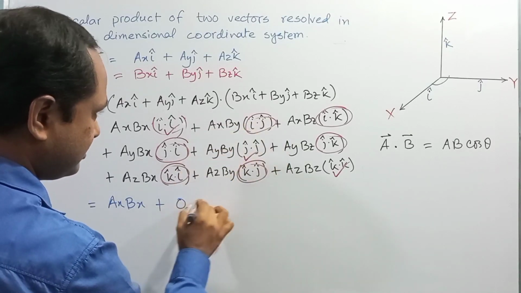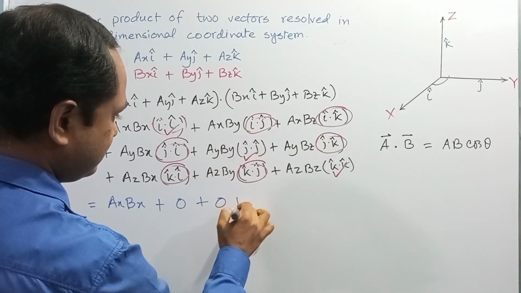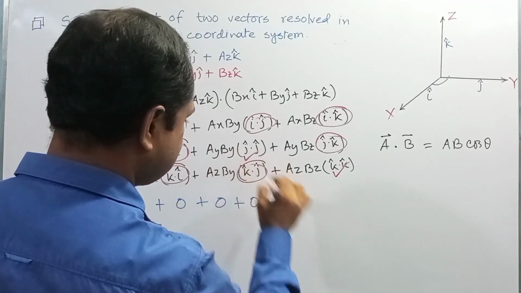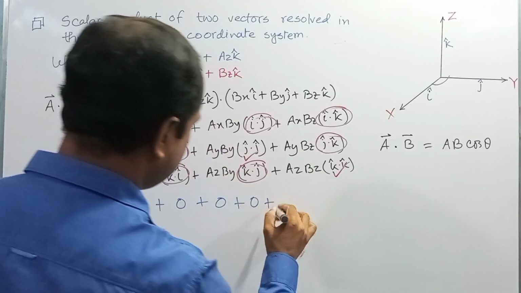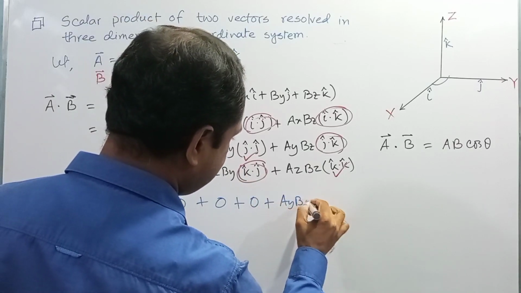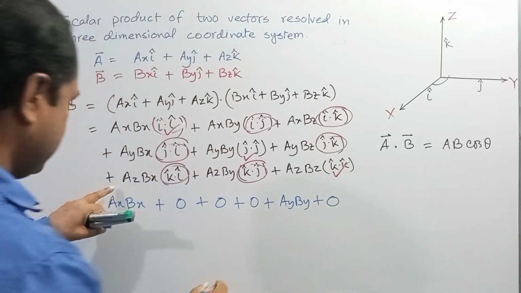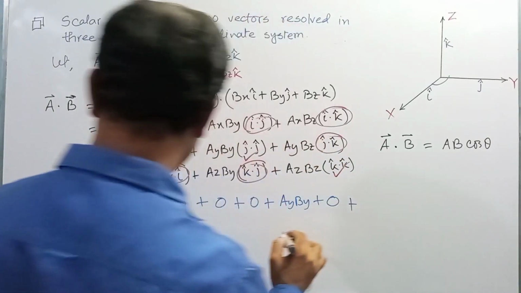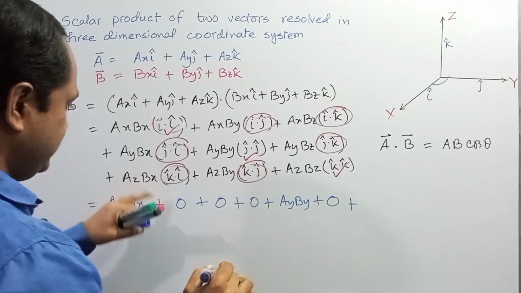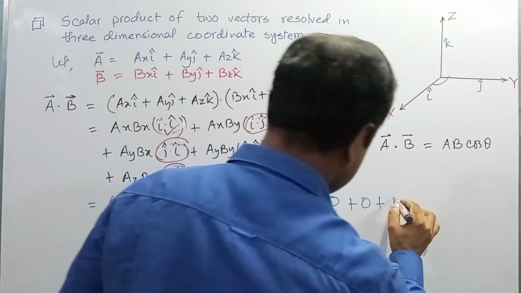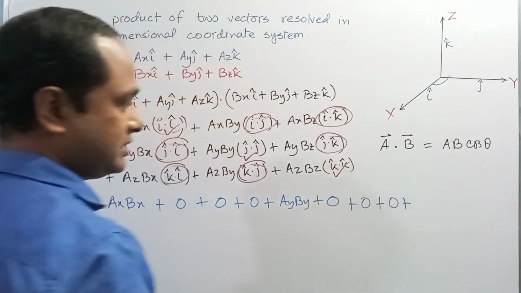So here we will get ax bx into 1, that is ax bx, plus this term will become 0, this will become 0, plus this term will become 1 with ay by. So ay by, plus this term will give 0, and lastly az bx will be 0, k into j will become 0 and k dot k will give 1.